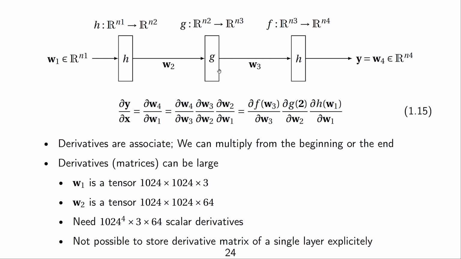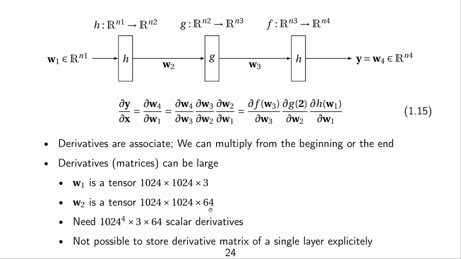Let's think of one such block as maybe a convolutional layer, where we have a tensor, or maybe this one here. We have a w1, let's say, is a tensor describing an image that has resolution 1024 square, and it has RGB as channels, and then as output we have an image of the same resolution but with 64 channels.